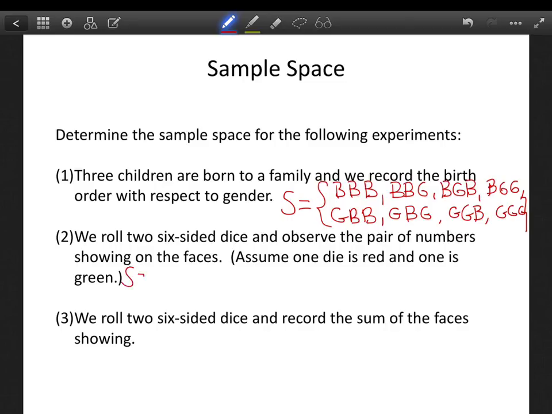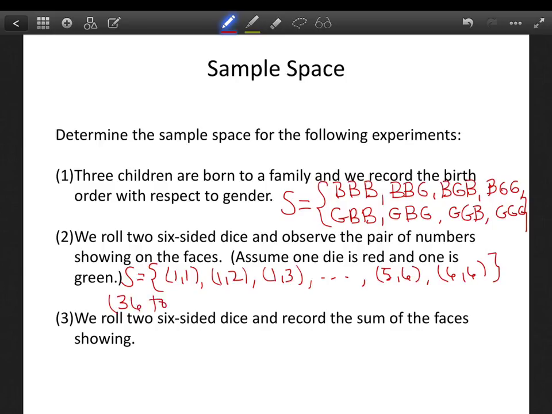And you can write them as an ordered pair, so 1, 1 means the first die has a 1, say the red die, and the green die also has a 1. We could have a 1, 2, a 1, 3, and so on. I'll let you fill this in, up to 5, 6, and 6, 6. So again, there should be 36 total outcomes.